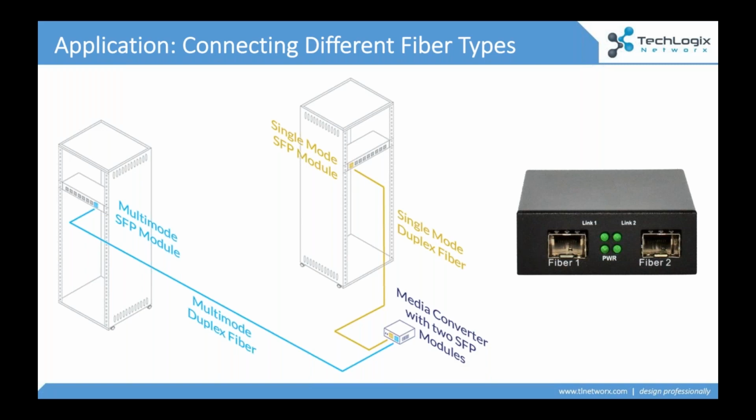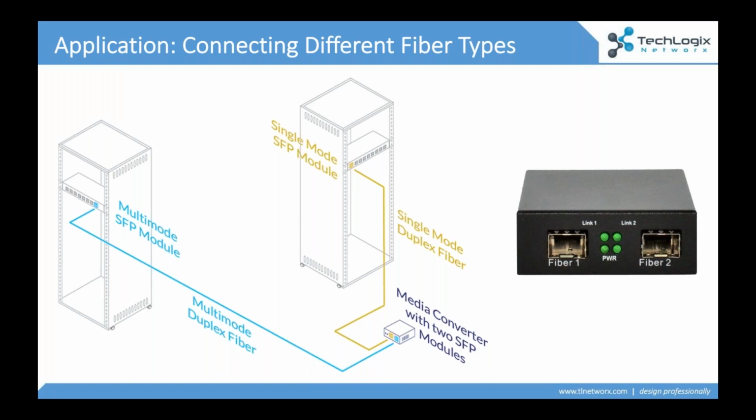Inside different types of fiber optic cable, you get different core sizes. Different core sizes don't splice natively to each other. It doesn't work. So media converters bridge this gap, going from single mode to multi-mode and vice versa.